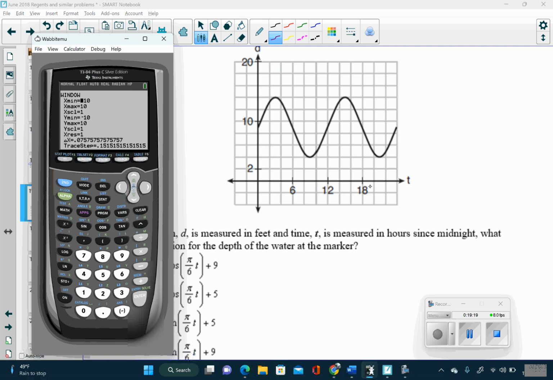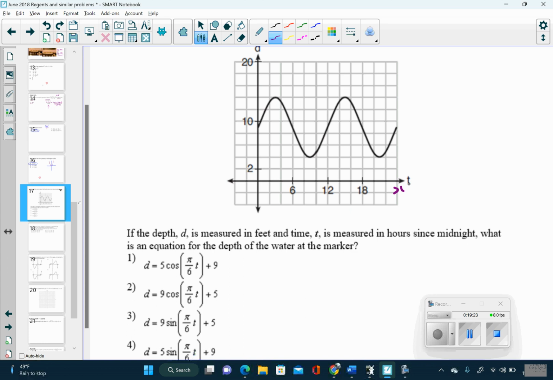This looks like another 6 here, so there's going to be 24. This looks like it's 0. I know that this next box over here is going to be -6, and then this is 2. Every 1 box is 2, 4, 6, 8, 10. So this is 0. This is going to be -2 and -4.